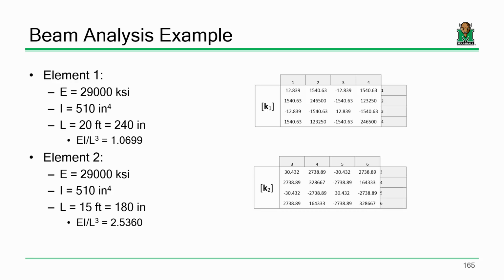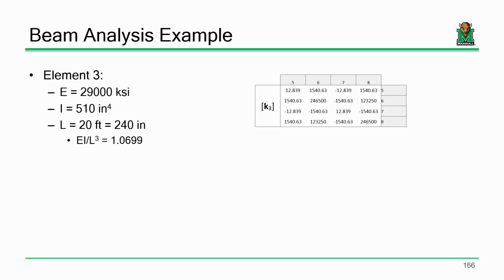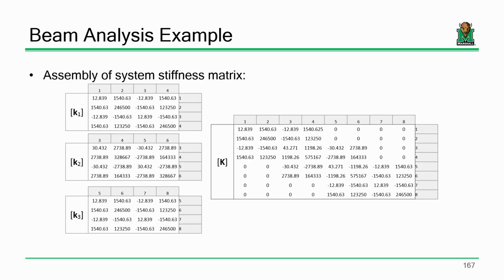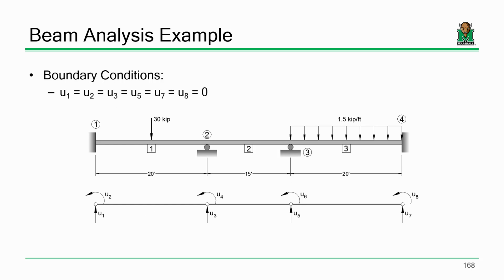Another point: because we're dealing with systems that are all along the same coordinate system, we don't have to use beta matrices. So we have element 1, element 2, element 3. We assemble those in a stair-step fashion because it's linear. Pretty simple, nothing complicated there.